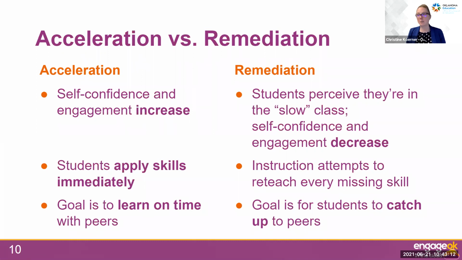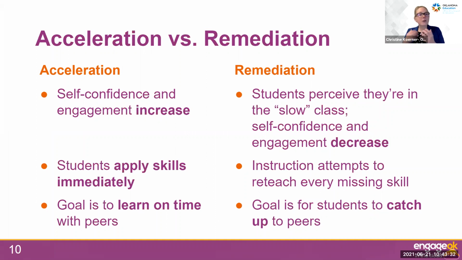With learning acceleration, students are applying the skills from prior learning immediately in the context of on grade level learning versus, as I mentioned earlier, receiving review units that they may or may not use later on.